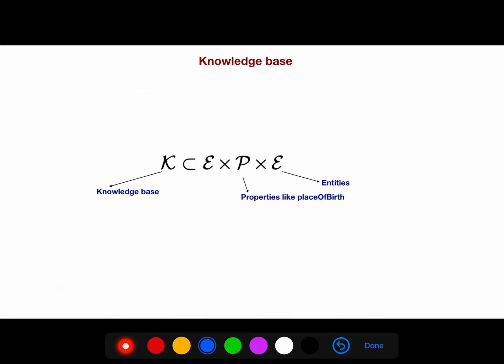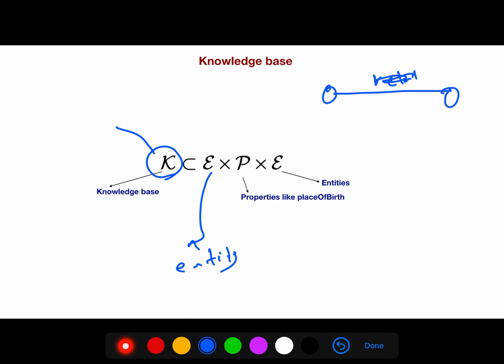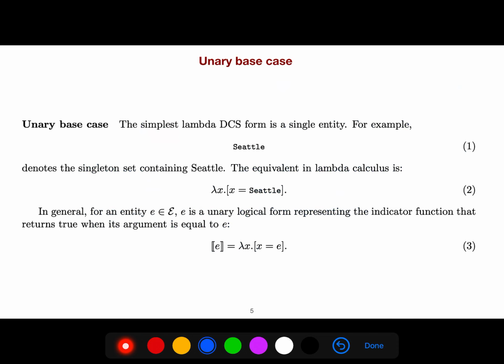And a knowledge base is this knowledge graph. We have some entities. We have some properties. For example, from one entity, you go to another entity with some relation. For example, place of birth. For example, Farshad, it's me, has a place of birth in Tehran, capital of Iran.